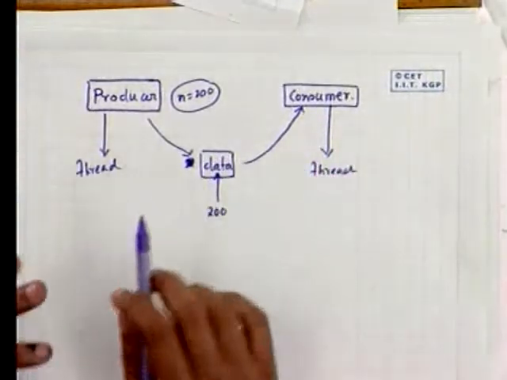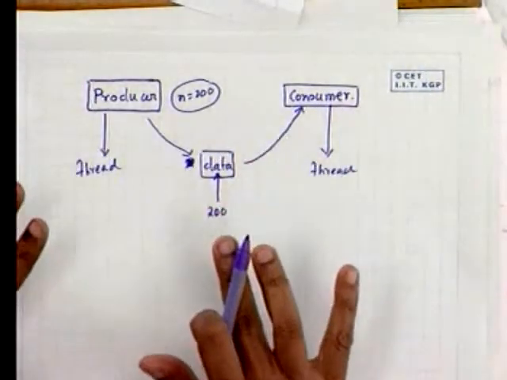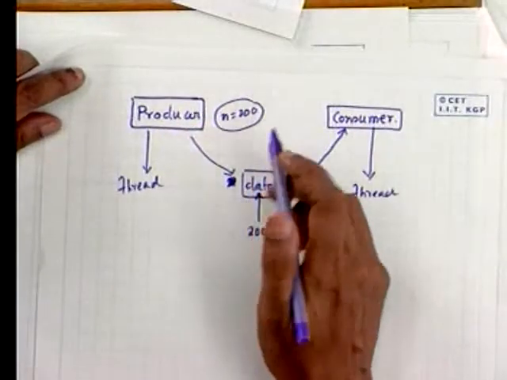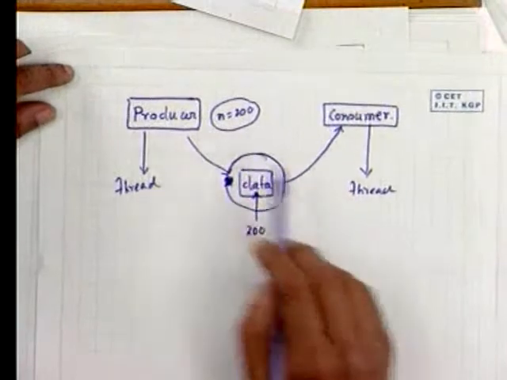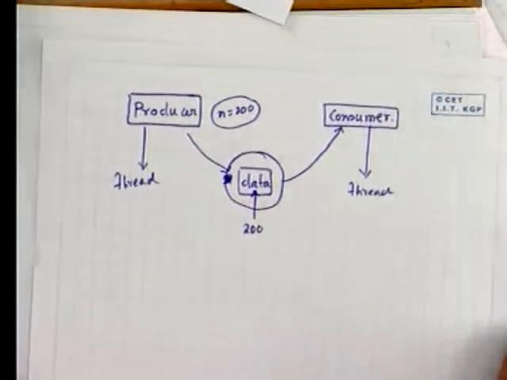So even though these two can run concurrently, using the keyword synchronized we are effectively blocking access to the shared data so that only one thread can use it at a time.